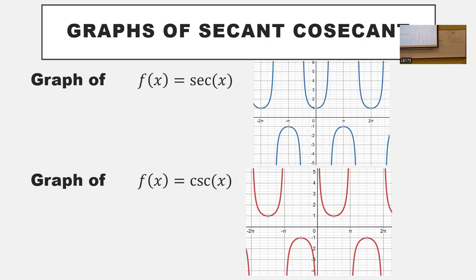But we're not going to end up with zeros with just our base secant function. Our base secant function never crosses the x-axis. It has a bunch of U-looking shapes, both pointed up and pointing down. Same thing with cosecant, has a bunch of U-shapes, pointed up and pointed down, that only get as low as 1 or as high as -1, depending on whether we're pointing up or down.